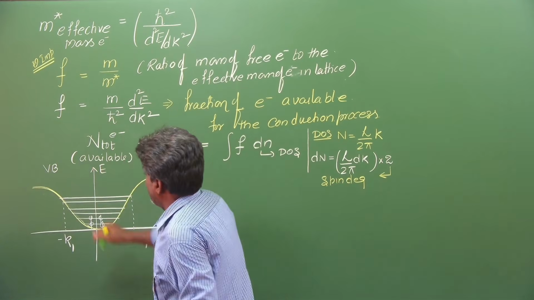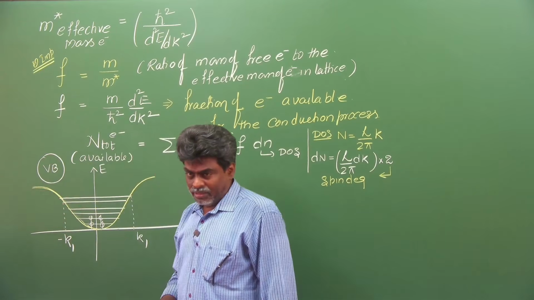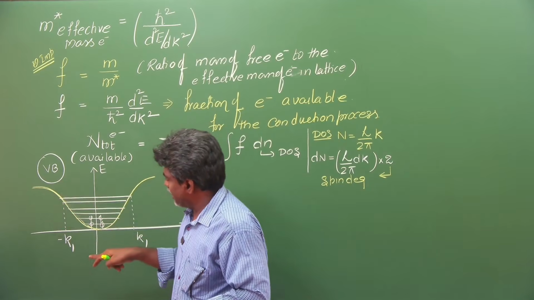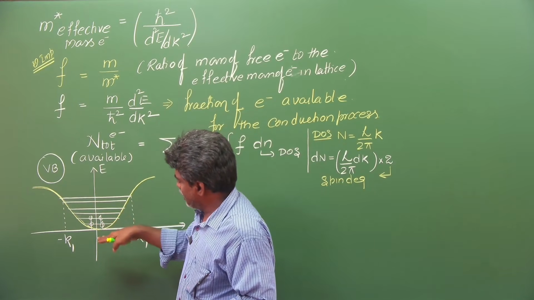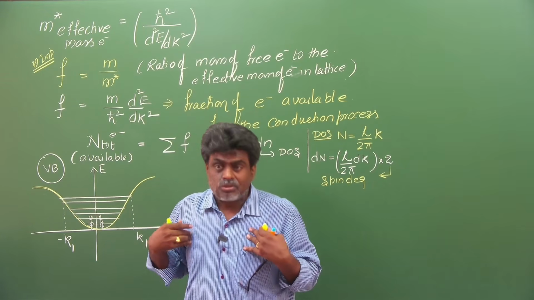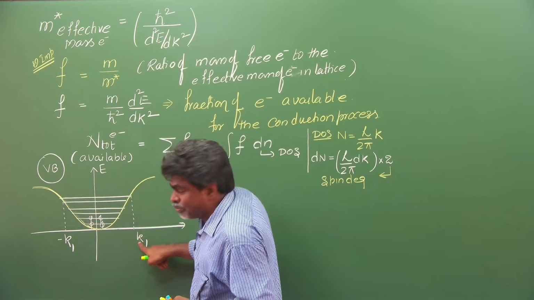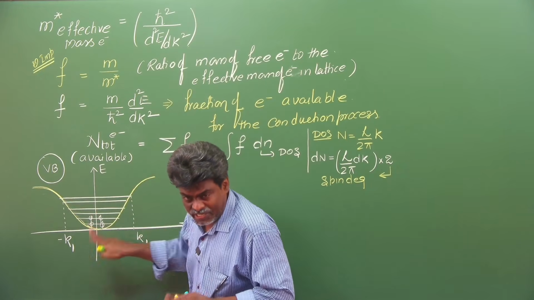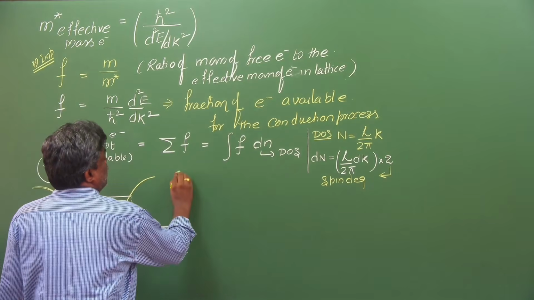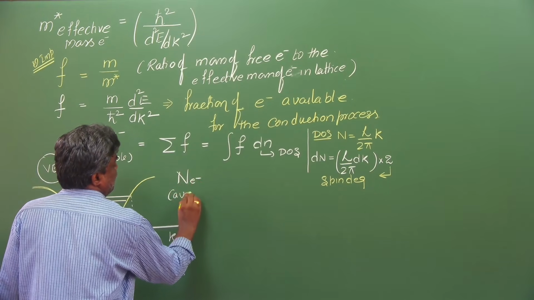I have taken a valence band of a particular atom, so the solid is made up of those atoms, and this is the valence band. The valence band may or may not be completely filled. We don't know, so I am assuming the energy levels are filled up to a particular k value, k1. Now I am going to find the number of electrons available for conduction.